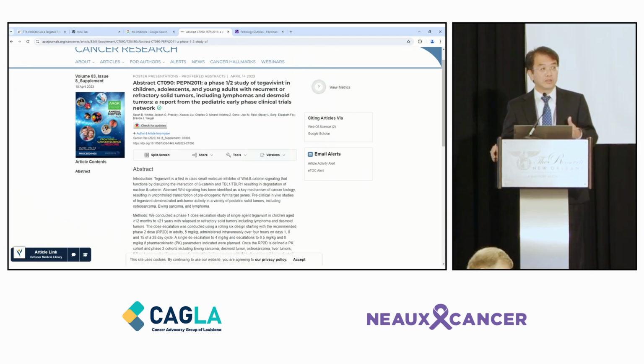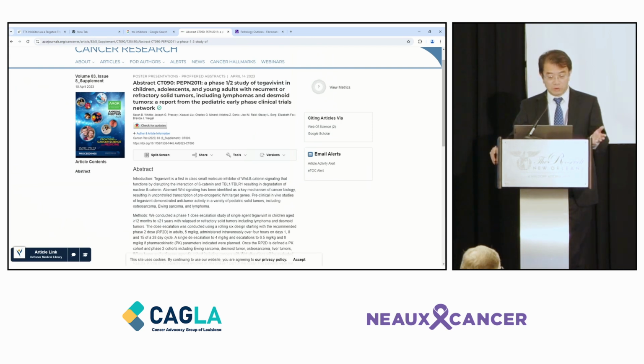So this is another example. If you have a difficult case, where the diagnosis or clinical scenario is difficult, then the option of treatment sometimes comes from the molecular testing, right? You understand the biology, and based on the biologic logic, you try to find a treatment. So this is a phase 1 and phase 2 clinical trial using a drug called CAGLA.